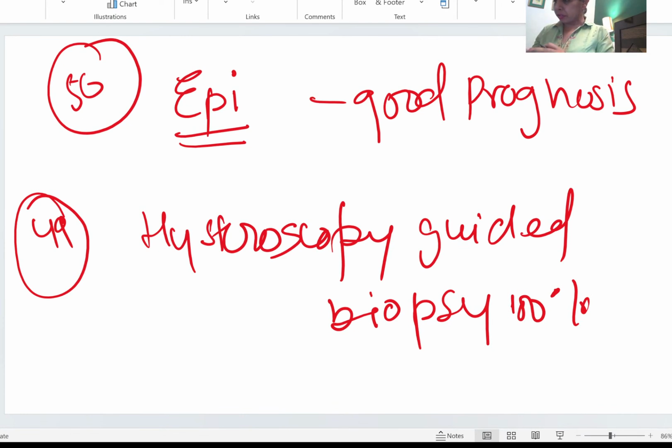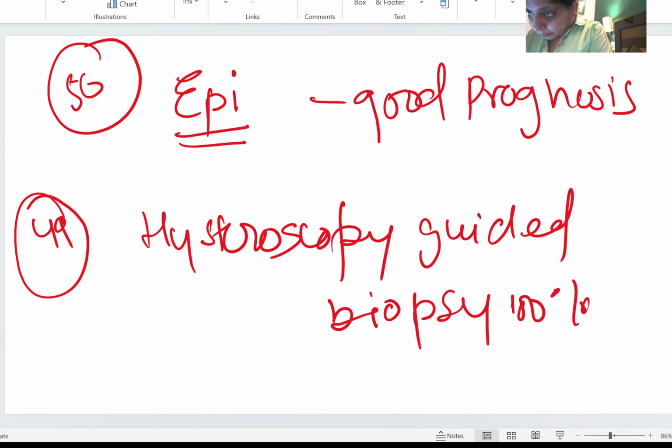Is it clear, Dr. Sumit? There are two endometrial biopsies given in question number 49. The best is hysteroscopy, so hysteroscopy is the answer.